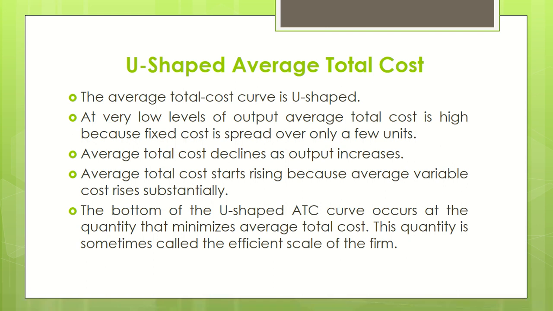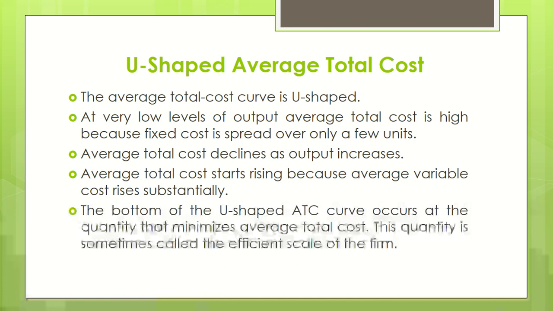At very low levels of output, average total cost is high because fixed cost is spread over only a few units, as we have discussed earlier. The next point is average total cost declines as output increases. It's also visible in the graph.